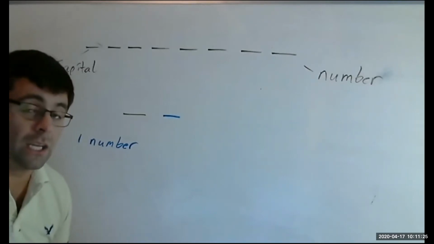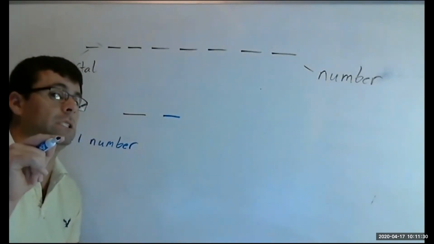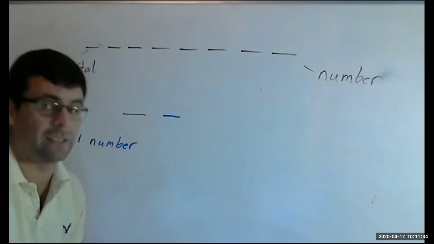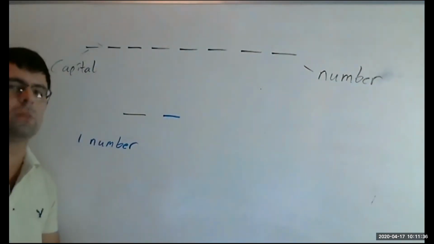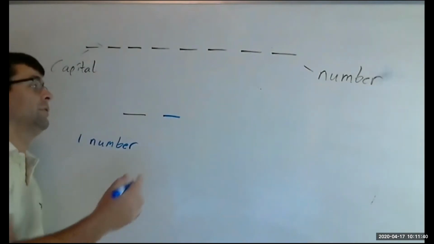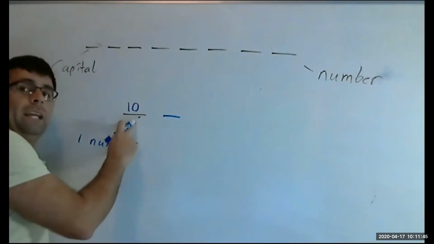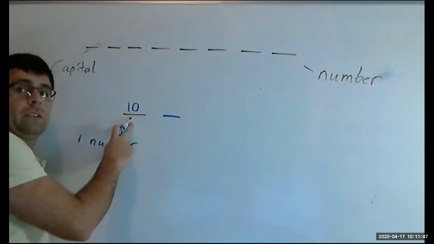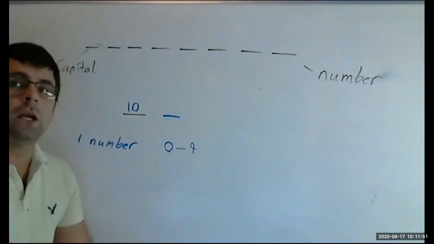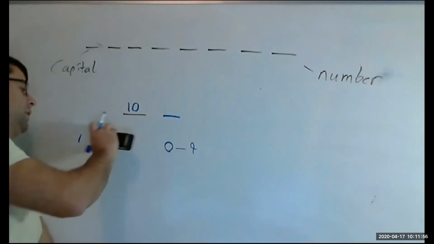What'd you say? 9. Close. 10. 10. 0. Okay, 0. Perfect. It's one that people forget. Poor little guy. But yeah, so you could have 10 total passwords for that. You can have 0 through 9. But maybe I should say not one number, but one digit.